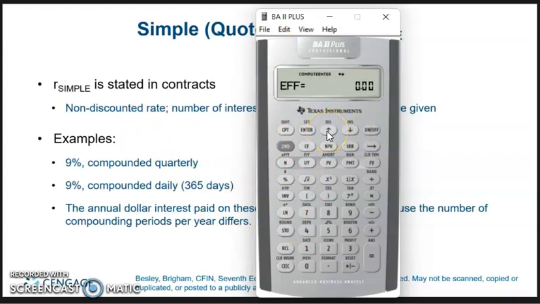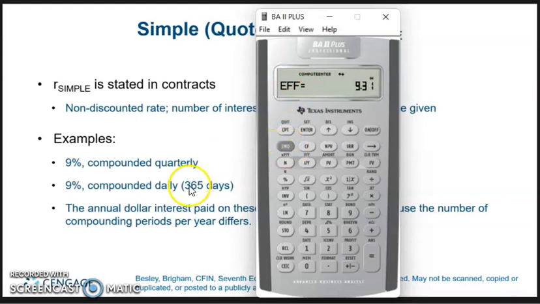Then this register also goes in a circle, so if you go up or down, EFF is the effective annual rate. Again, they could have made this function better by calling it EAR, but compute, 9.31%.